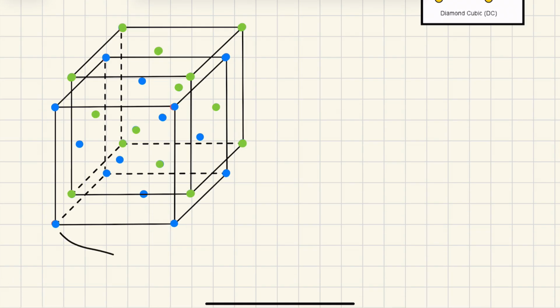That means if this corner right here is the origin, so coordinates 0, 0, 0, and those cubes have edge length A, then the coordinate of the lower bottom left corner of the second cube we pushed into this one is going to be 1/4, 1/4, 1/4. So the green cube is A/4 units further to the right than the blue cube, A/4 units further back, as well as A/4 units higher.